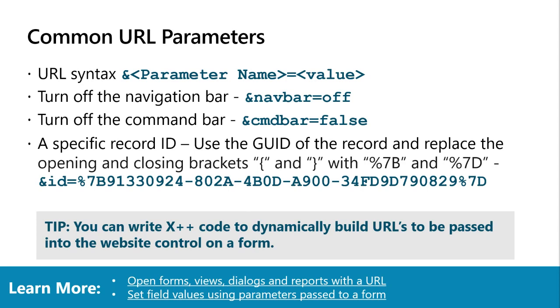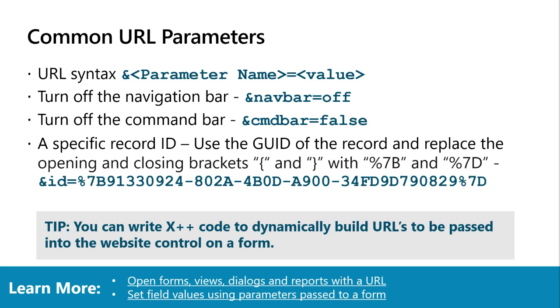And there's two qualifiers that you can add to the URL of the model-driven app, and that's the nav bar and the command bar parameters. Now, if you add nav bar off into the URL, then the navigation bar, which allows you to go all around the system, is turned off. So then that gives you a very clean form.